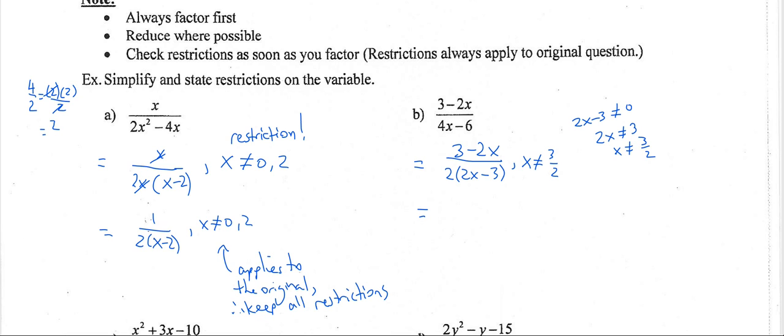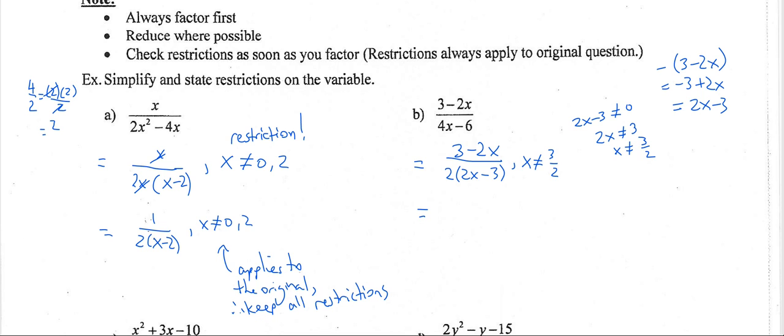You'll notice that the numerator has 3 minus 2x and the denominator has 2x minus 3. These two are not the same, but they are negative 1 times each other. If I put a negative in front of 3 minus 2x, I'm going to get negative 3 plus 2x, which is 2x minus 3.